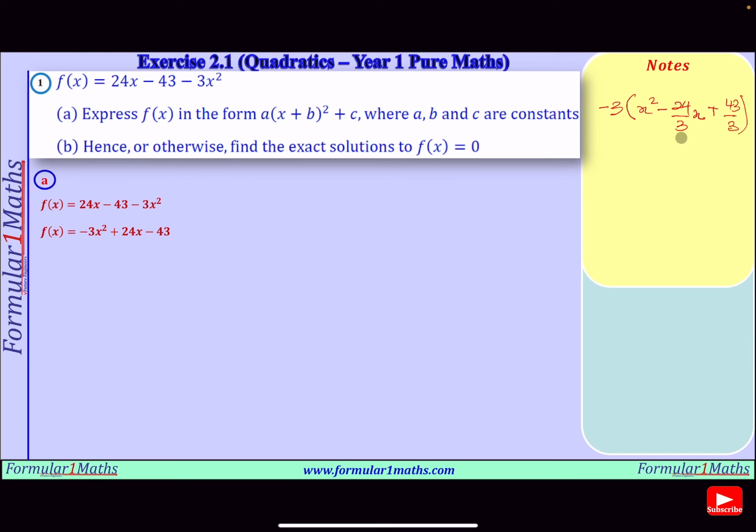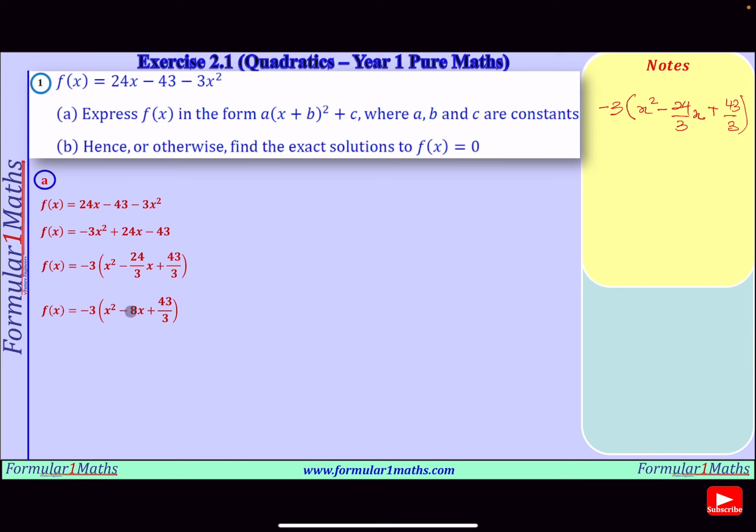So if I do that, I'll get this. I can now complete the square within the brackets easily. But before I do that, I need to do a further simplification to give minus 3 brackets x squared minus 8x plus 43 over 3, because this 24 over 3 is 8.